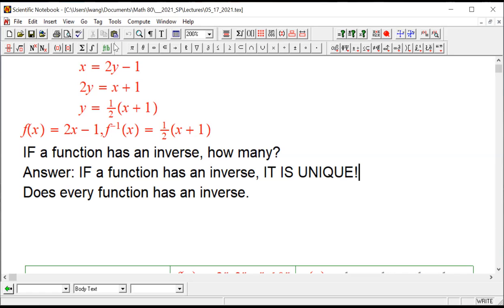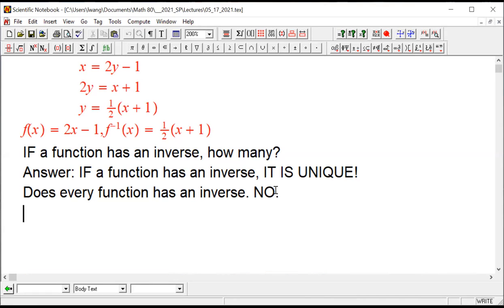The second question is, does every function have an inverse? The answer is no. Some functions have inverses, some functions do not.